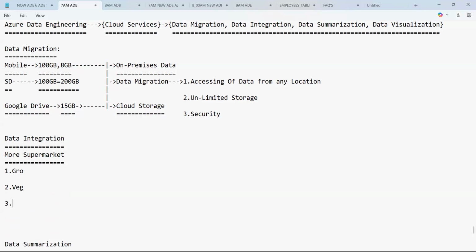You can also see fruits, clothing, and also footwear. Everything you can get here.